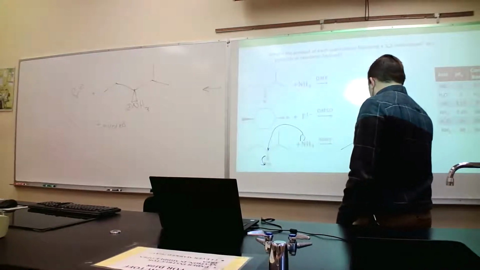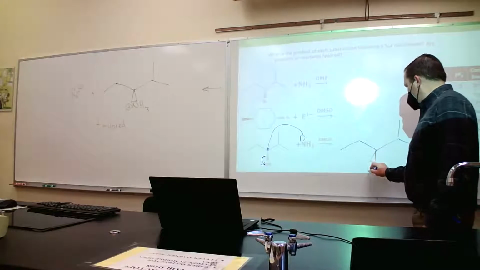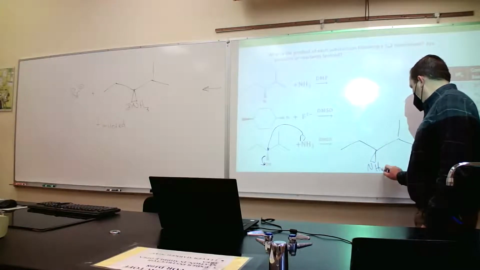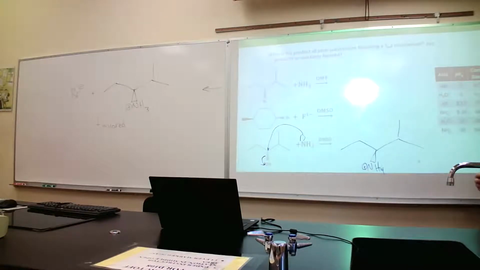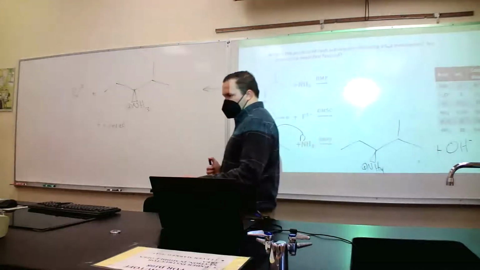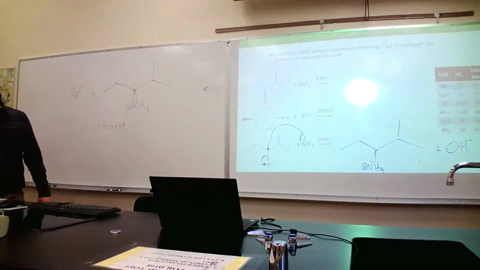So our product is going to look a lot like the product from part 1. And then plus hydroxide. Which side of this reaction is favored at equilibrium?